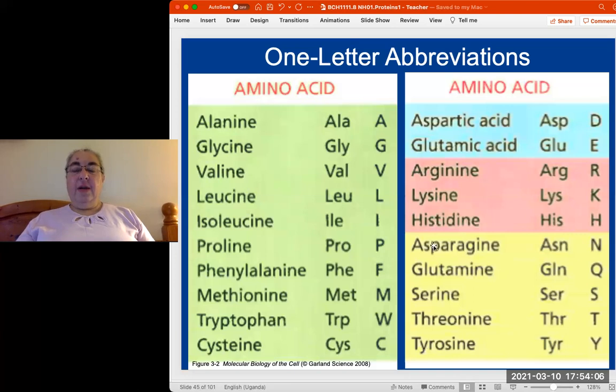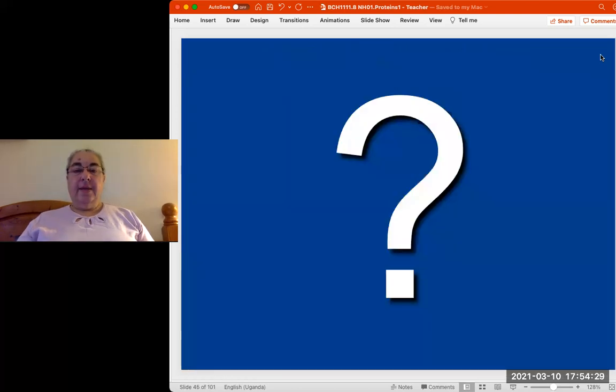Okay, so 1-letter abbreviations, which can be quite difficult to remember, but if you just think about them and start to memorize them, you'll start to get to know which amino acids the 1-letter abbreviations are referring to. Okay, so do ask any questions that you have on that.